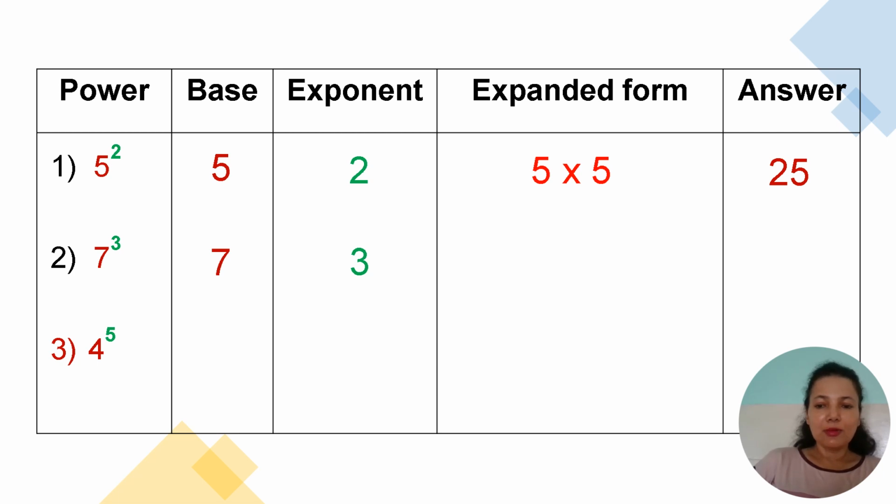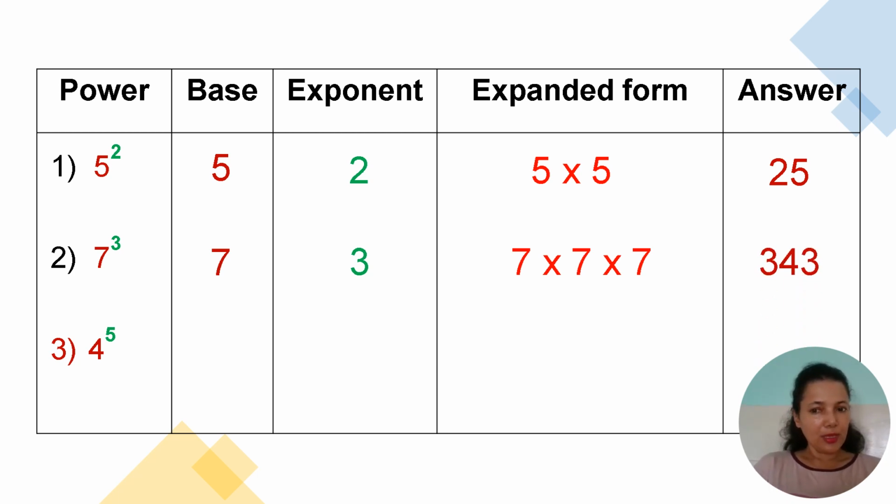So if we expand it, we say it is 7 times 7 times 7. And if we multiply that together, we are going to get 343.